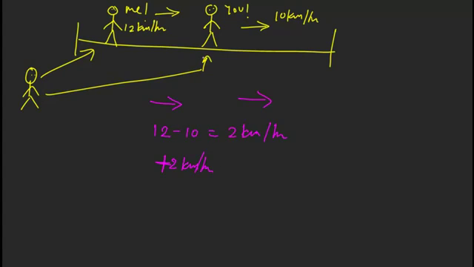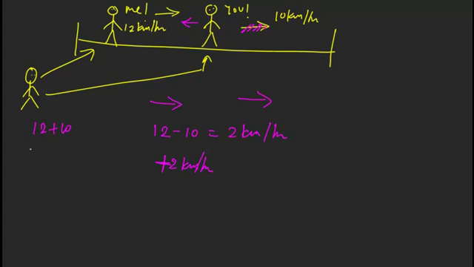Now suppose you decide that, no matter, even if you're trying to chase me, now I am going to chase you. So you just change your direction, but you keep your speed the same. So now we are traveling towards each other. What you will see is 12 plus 10.